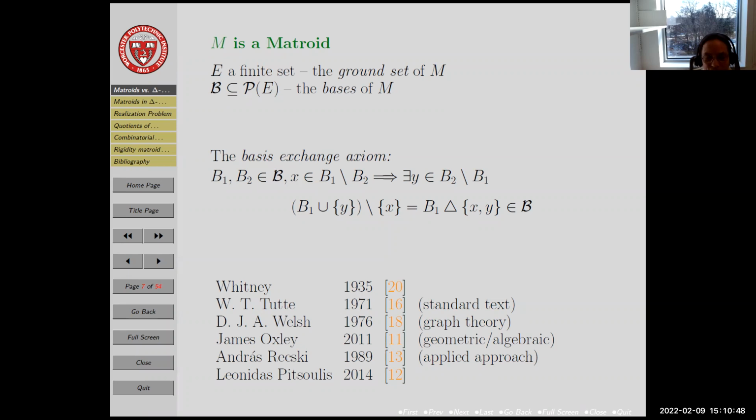And just a few years after Tutte's text, Welsh's text appeared, and it is really a comprehensive account of what happened in matroid theory since Whitney. And Welsh really takes the graph theory approach, so his major driving examples are graphs. Oxley has more of the geometric and algebraic approach, and his is now a very successful textbook.